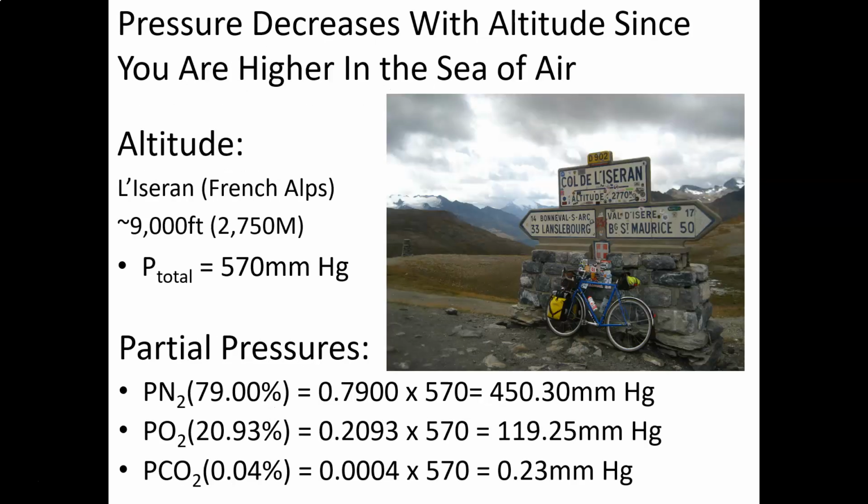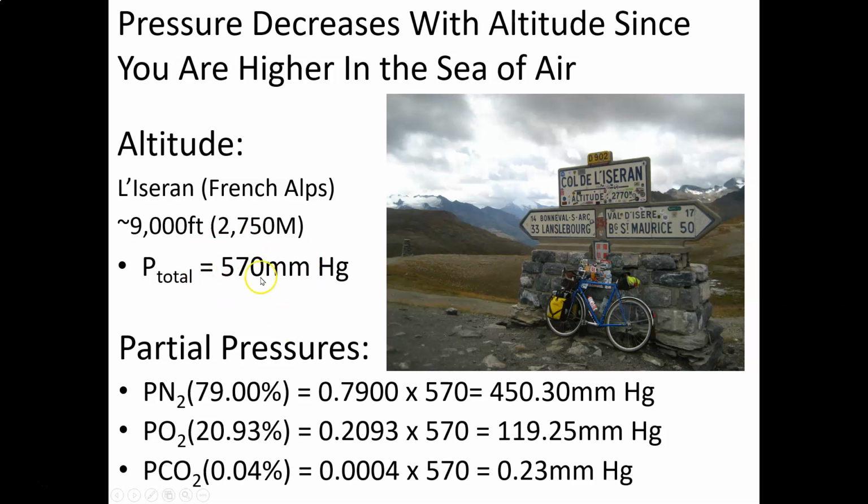So to look at a difference, let's go up to 9,000 feet. At about 9,000 feet in the French Alps, they still have people that cycle and do tours and other things, but again, it depends on a lot of factors. The normal total pressure you might see at about 9,000 feet is about 570 millimeters of mercury.